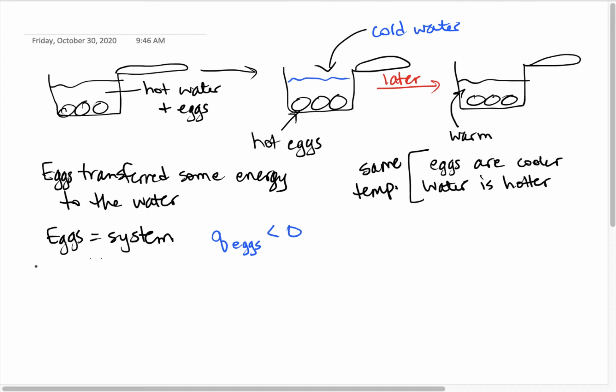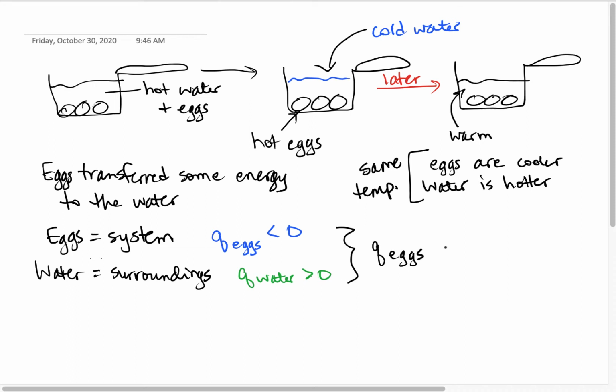And if I think of the water as the surroundings, then the water gained that energy. But the point is actually that these two are exactly the same. They just have opposite signs.